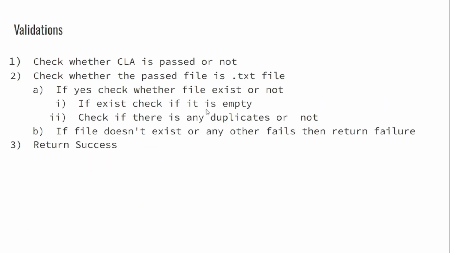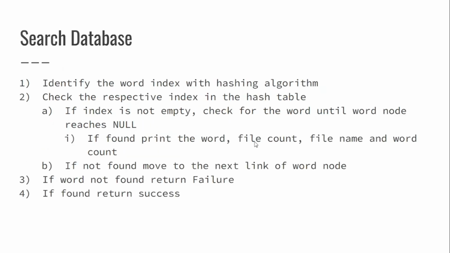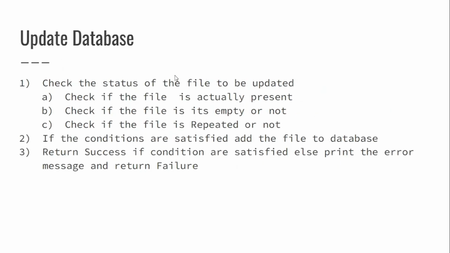That is, whether the file exists or not, whether the file is empty, whether the file is any duplicate or not. After all the conditions are satisfied, then we will add the file to the database.